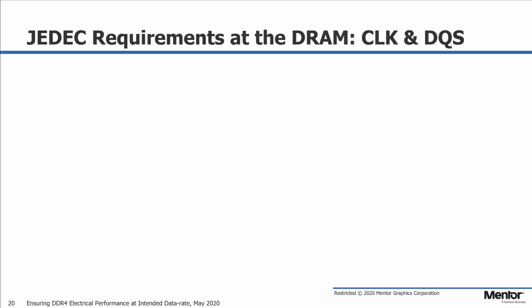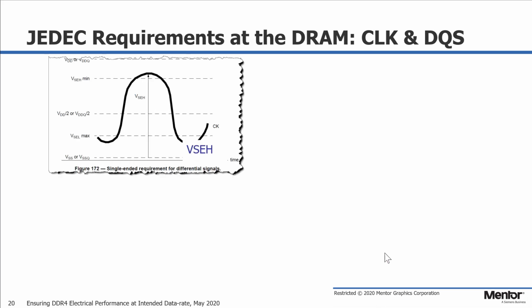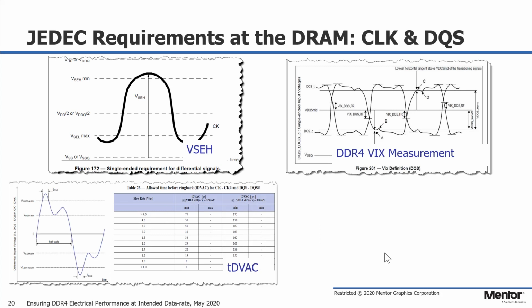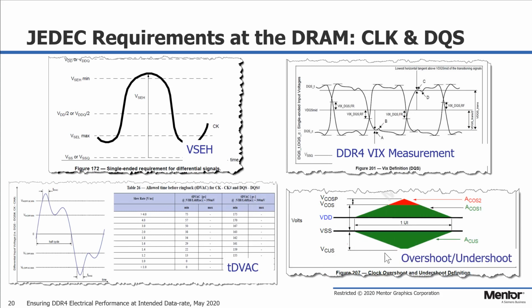Please note that JEDEC requires you to meet differential signals with these requirements as well. We'll not be going into details in this webinar on these measurements due to time constraints, but to be informed that it is impossible to verify all of these requirements without a simulation tool.